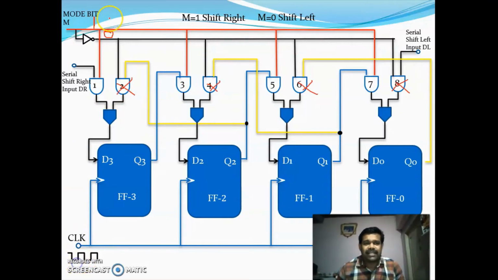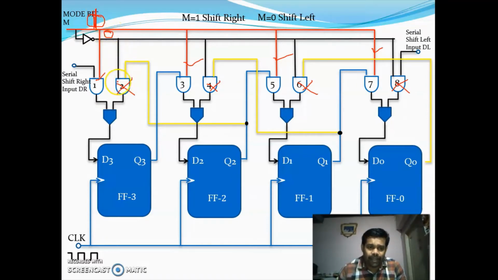Similarly, next we are considering M as 1. So M is equal to 1. The gates 1, 3, 5, 7 are enabled, and the gates 2, 4, 6 and 8 are disabled. So when you're giving 1 here, you will be getting 0.